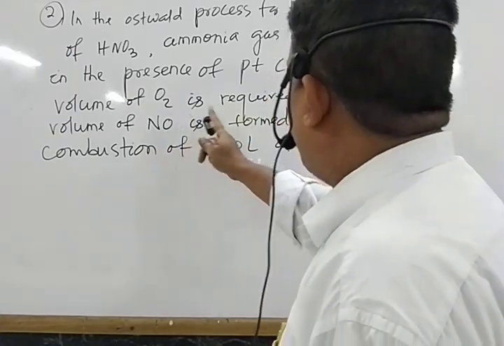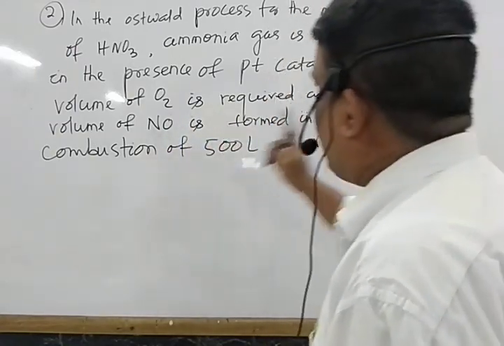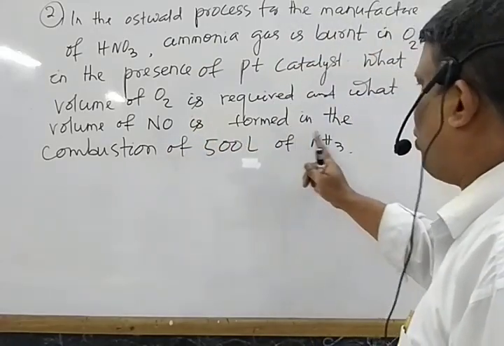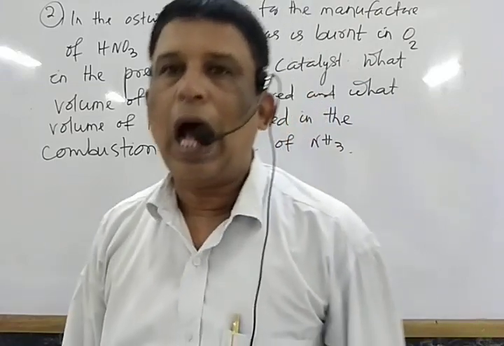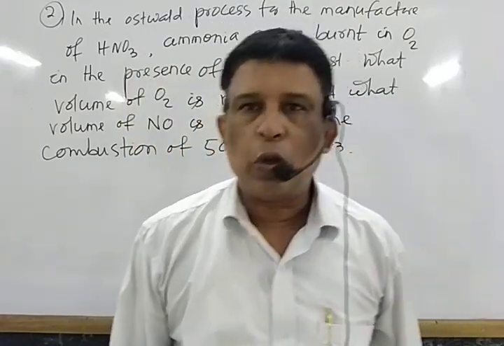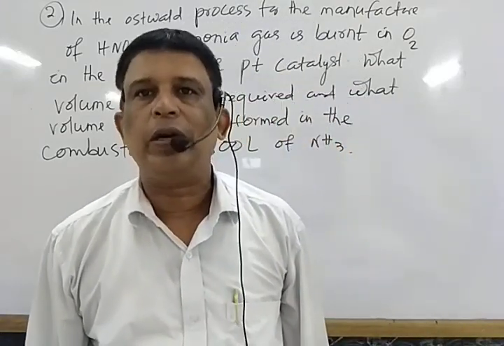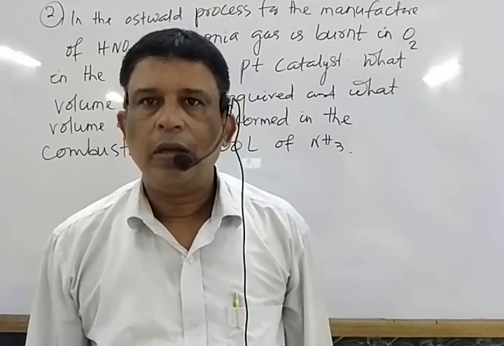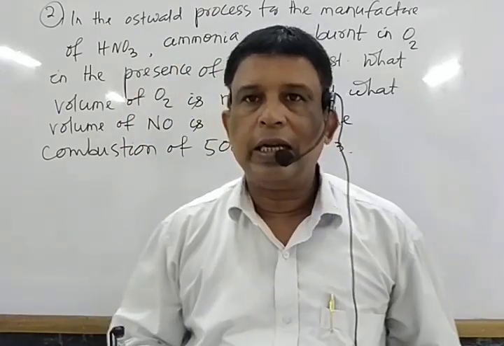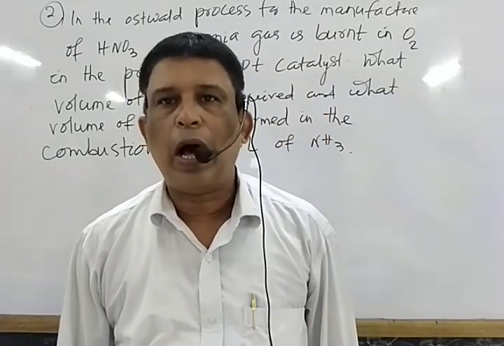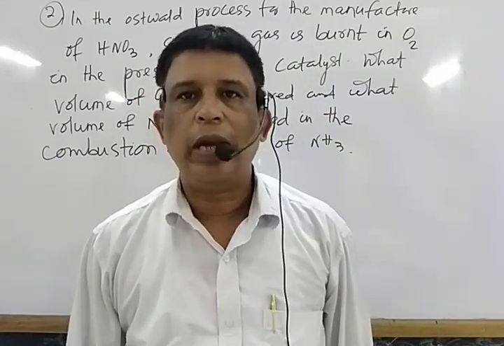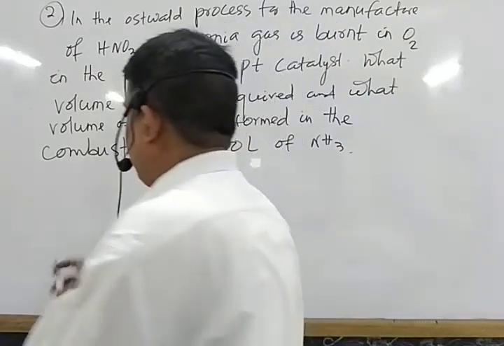What volume of oxygen is required and what volume of nitric oxide is formed in the combustion of 500 liter of ammonia? An important thing is that we have to write a balanced equation for combustion of ammonia for formation of nitric oxide. Mark that answer.